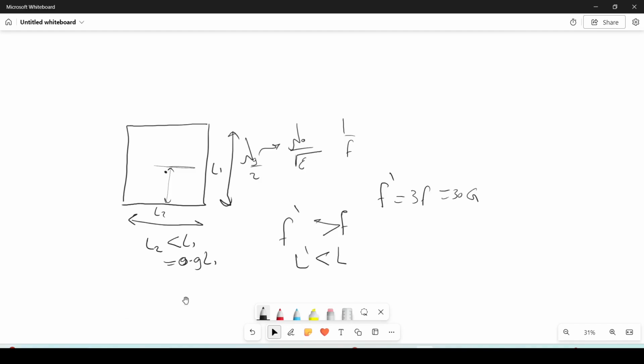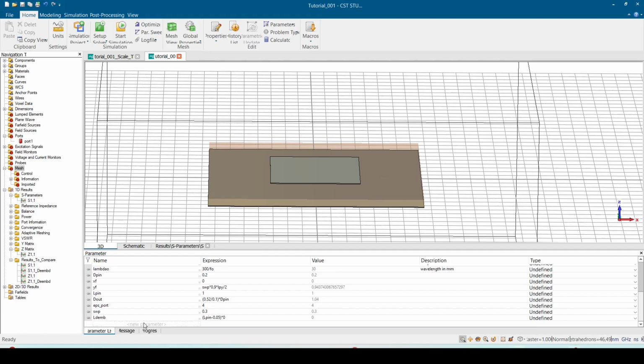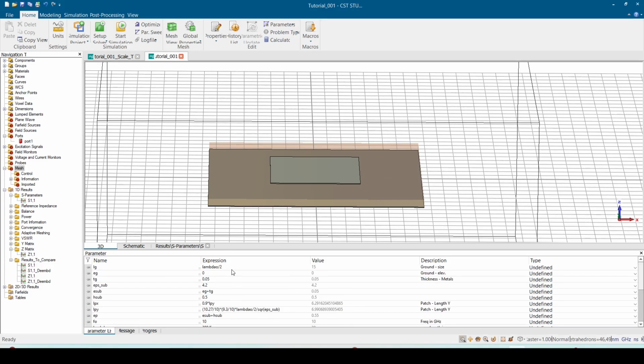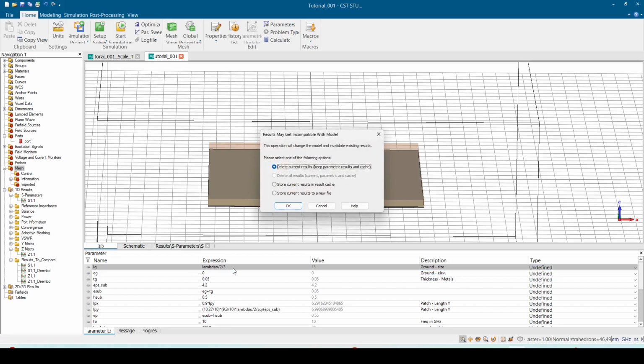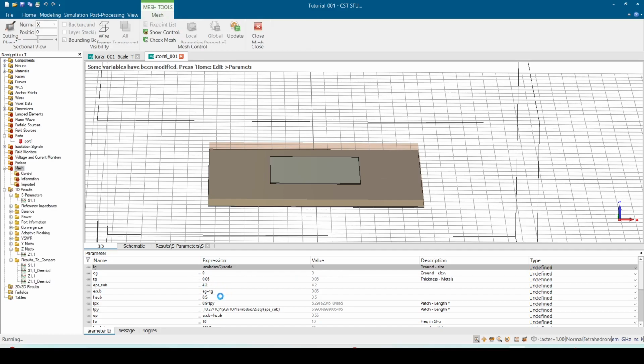So we can go to CST now. I will define a scaling parameter, call it scale, and set it equal to 3. Why? Because I want to scale everything, even the ground, if I want to get exactly the same response. So I will divide by scale, and epsilon should be the same.